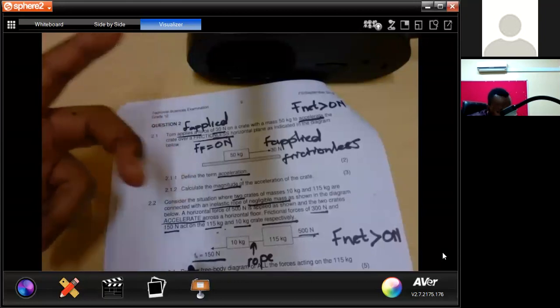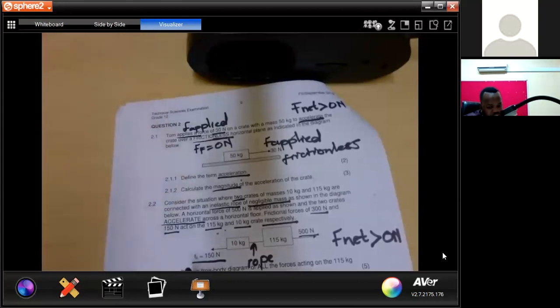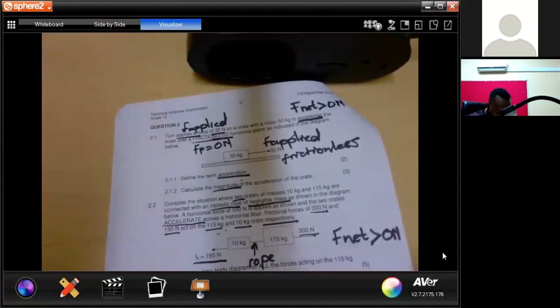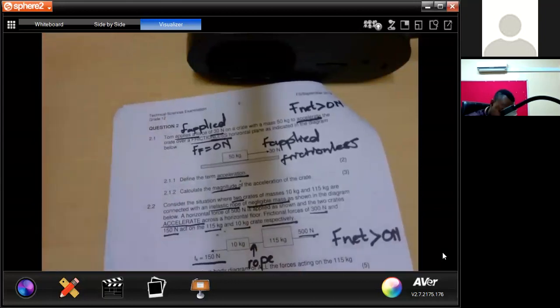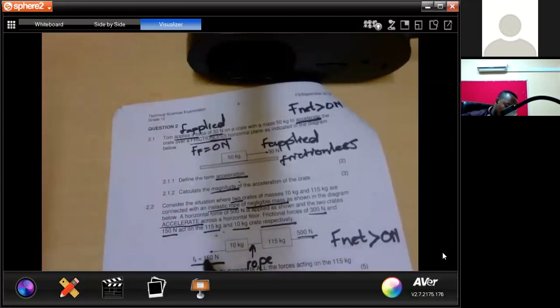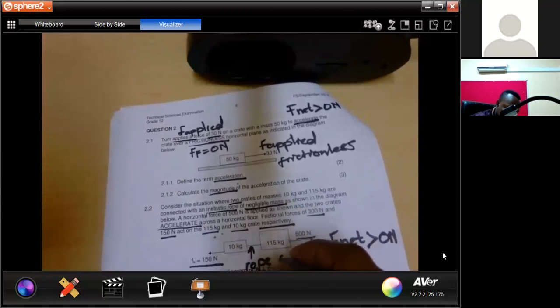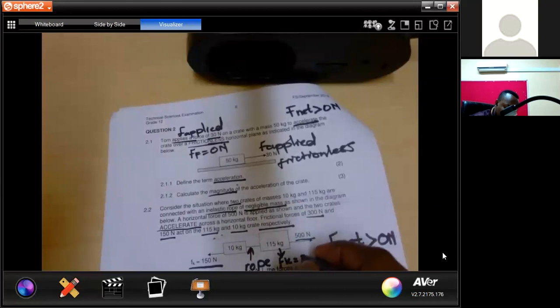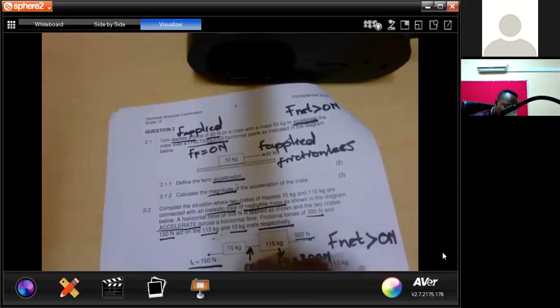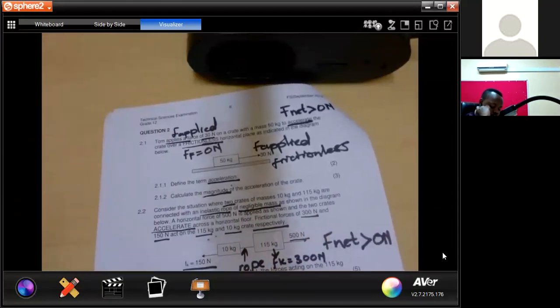Remember, when the object is not moving and there is a frictional force, we call it static friction. Now, there we have kinetic friction. In other words, the frictional force that is acting on the 115 kilogram block will have a magnitude of 300 newtons.